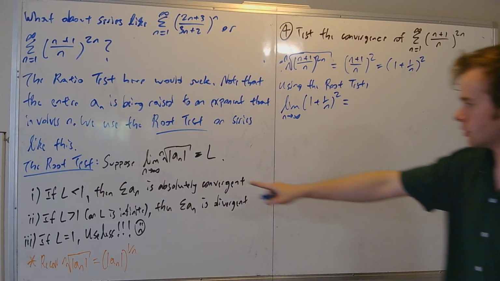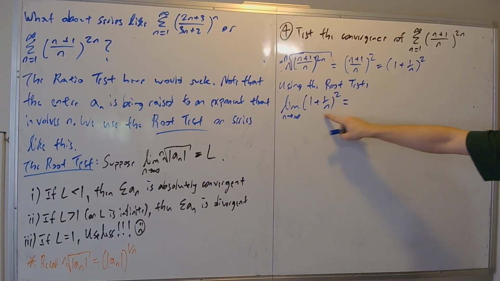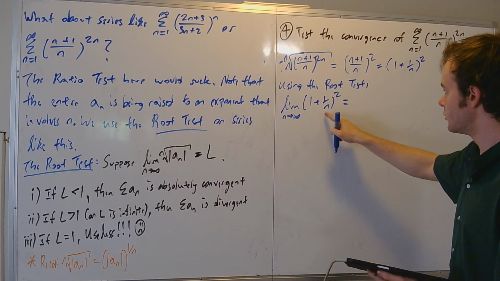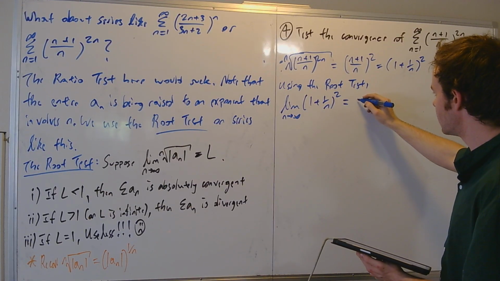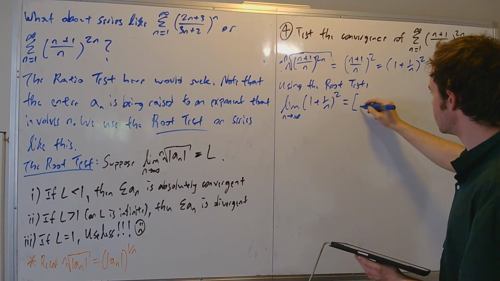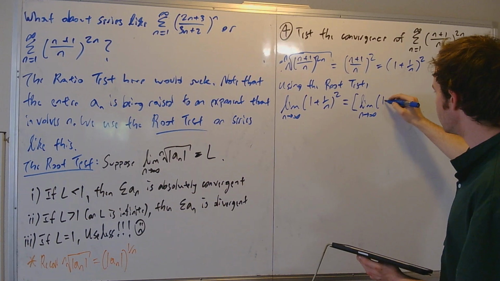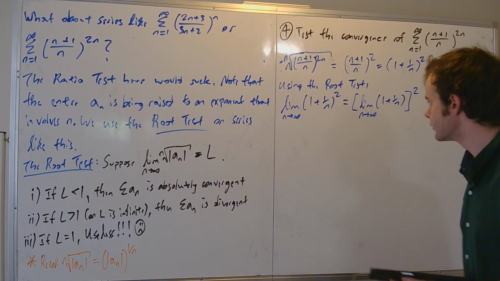So remember, we're taking the limit of the nth root, which we already said was this. And if n is going to infinity, then let's just rewrite this first as the limit as n goes to infinity of (1 plus 1 over n) squared.